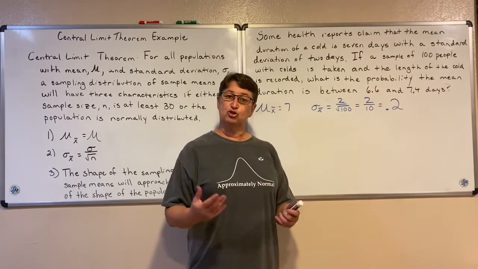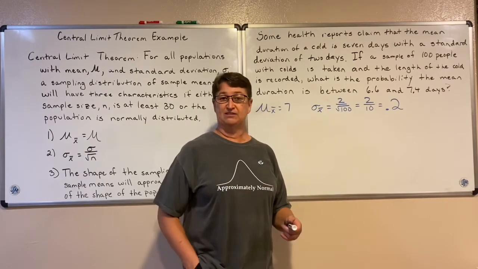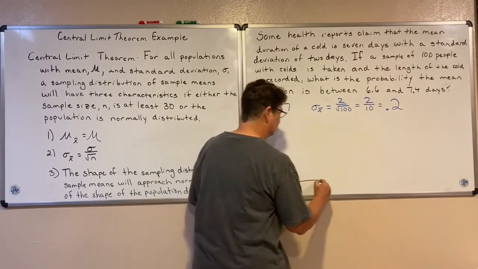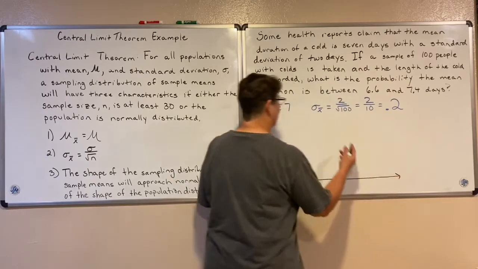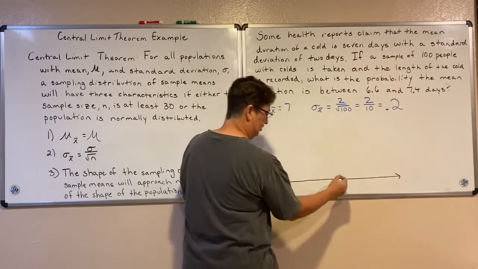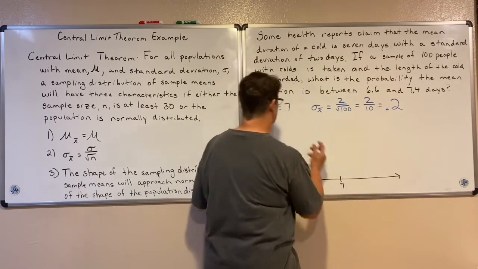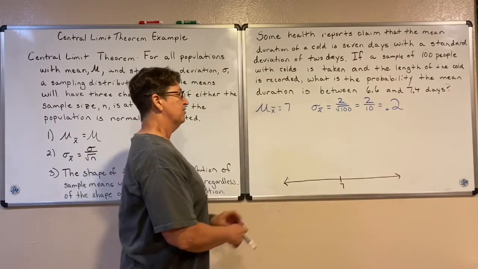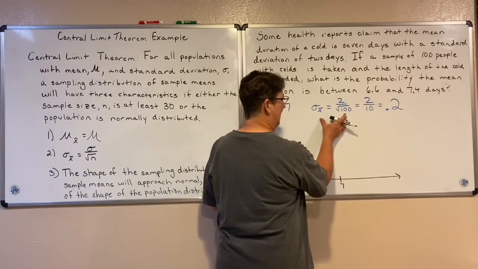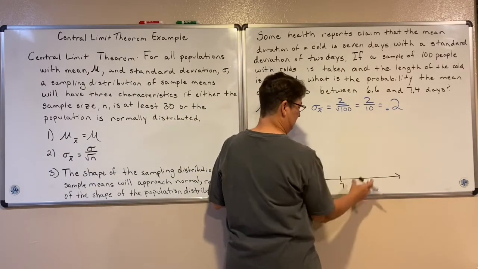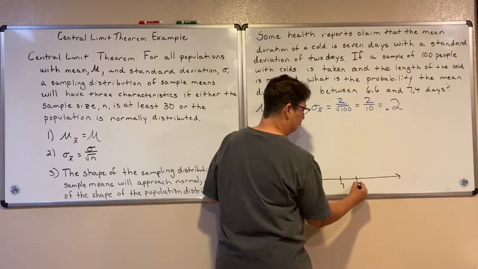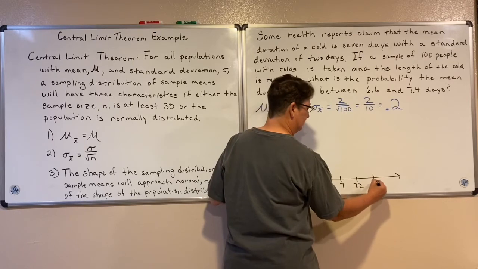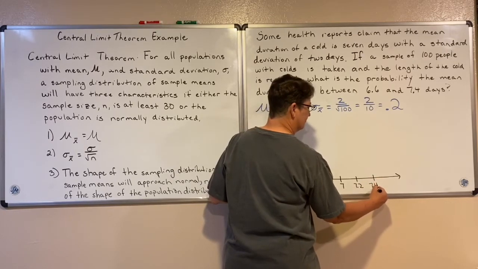So first thing I'm going to do is draw this distribution that the sample mean belongs to. Right in the middle, I'm going to put this mean of 7. We expect the mean to be 7 because our population mean was 7. Then our standard deviation of that sampling distribution is 2/10. So I'm going to count up 2/10 to 7 2/10, count up another 2/10, 7 4/10.